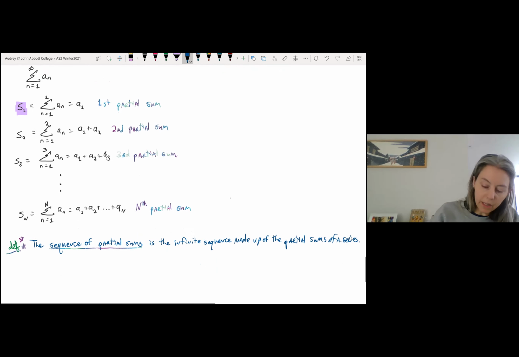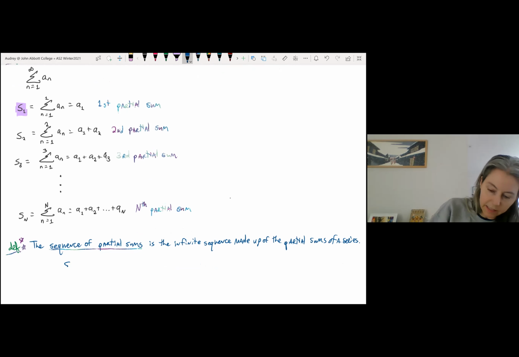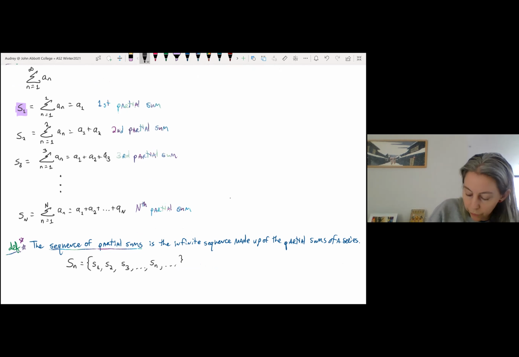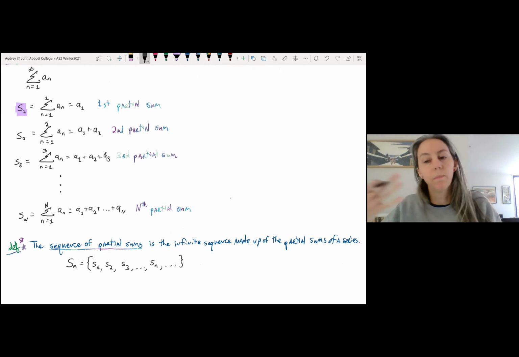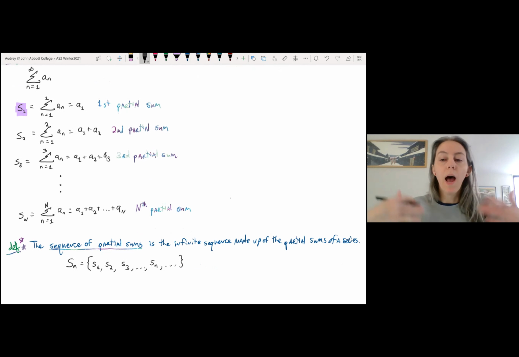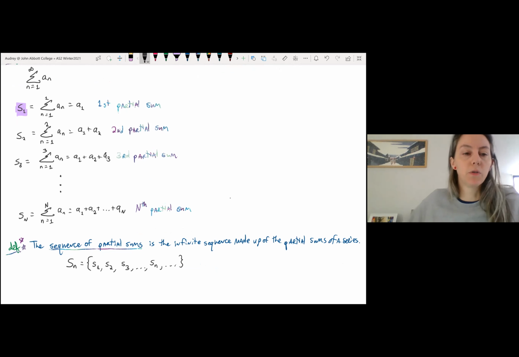And for this sequence, we use the notation s sub n. So here my s sub n would be the sequence that's made up of s sub 1, s sub 2, s sub 3, then s sub n, and so on and so forth forever. The n plus 1th term, the n plus 2nd, the n plus 3rd.